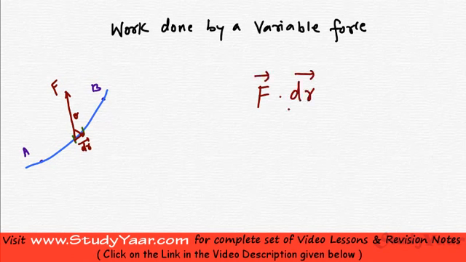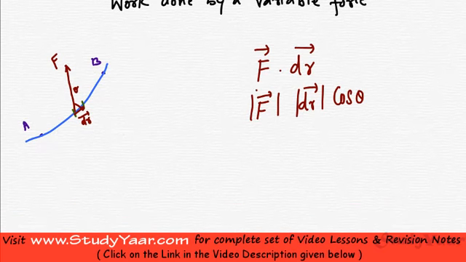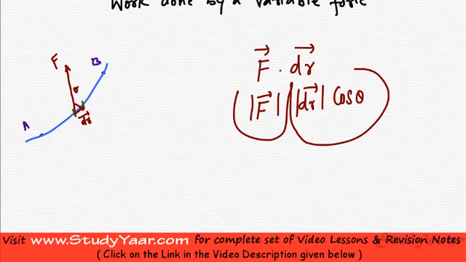Therefore my work done in terms of magnitude is going to be F modulus, dr modulus, cos theta. I can also write it as F cos theta into dr.